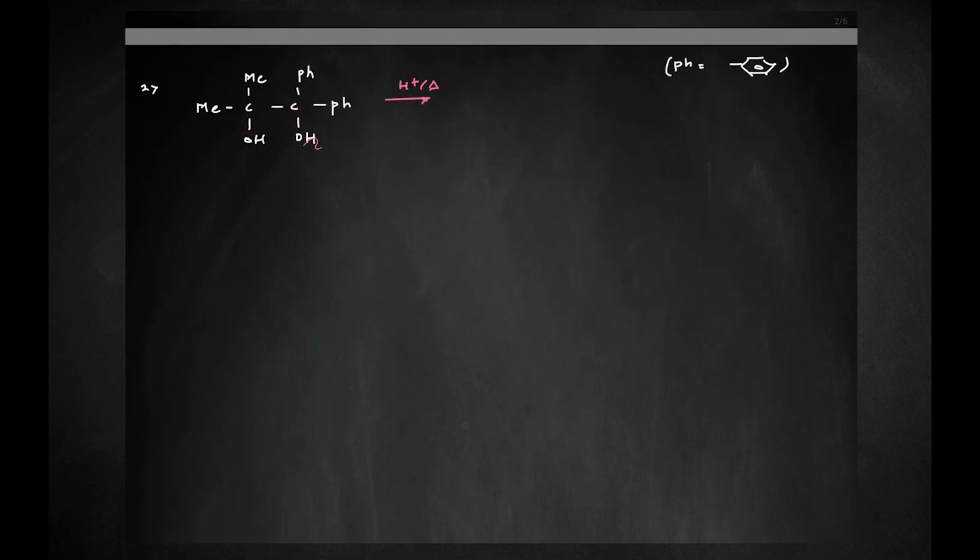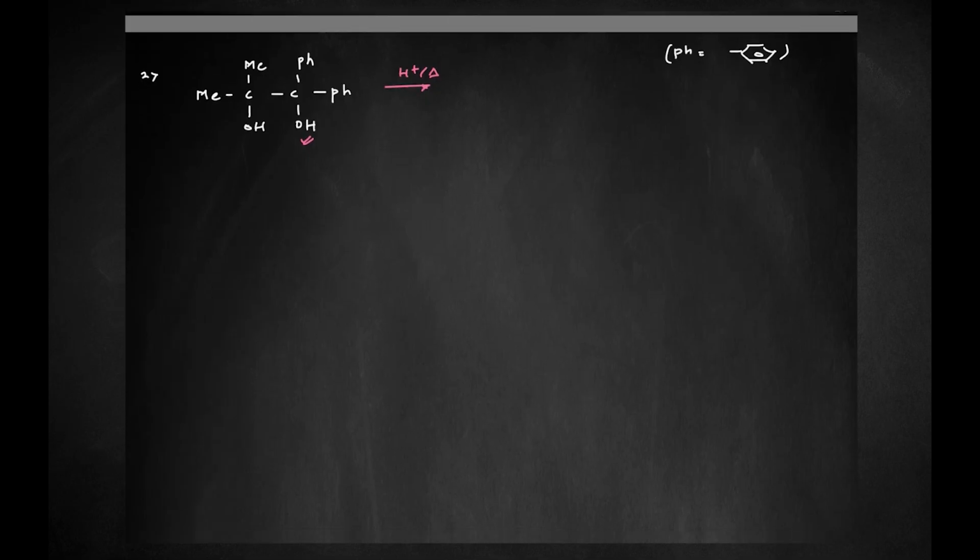So the correct site for protonation is this particular site. Got it? Now after protonation, what will we get? Methyl C, that is methyl, then carbon, then phenyl, then OH, and this will be called the OH2 plus. It will get removed as a good leaving group, and you get a proper stable carbocation here.